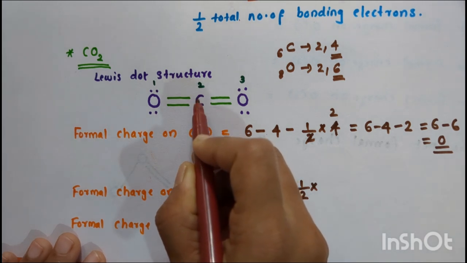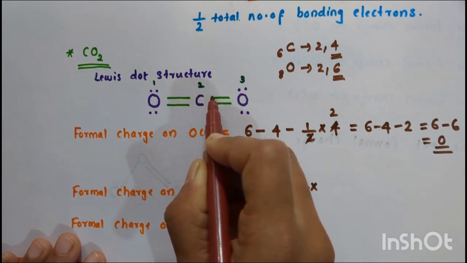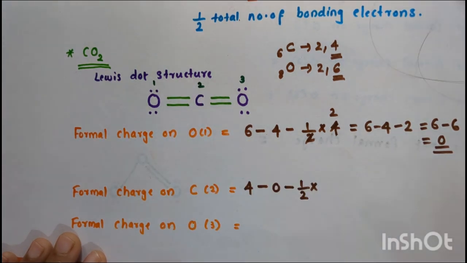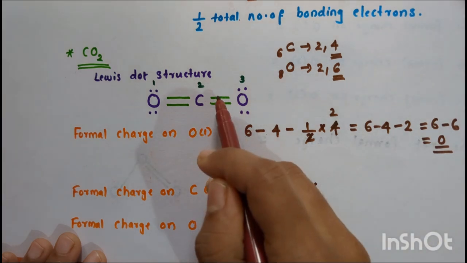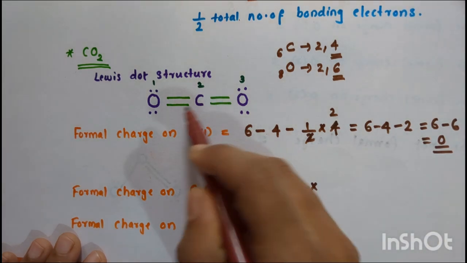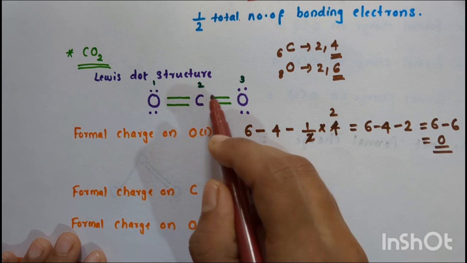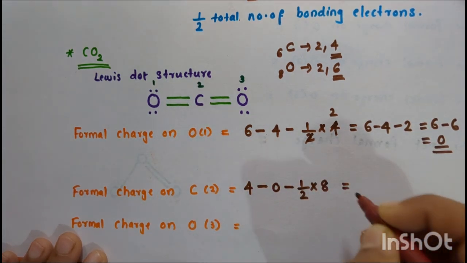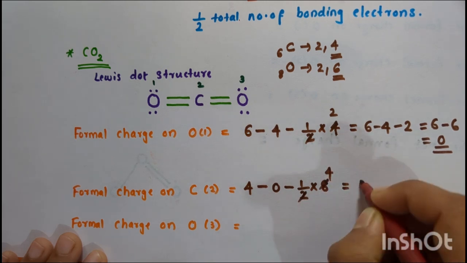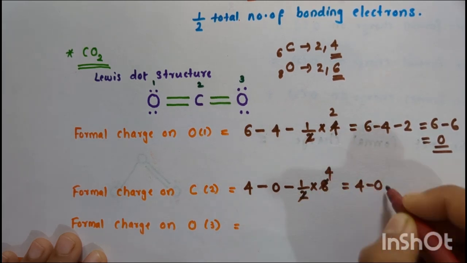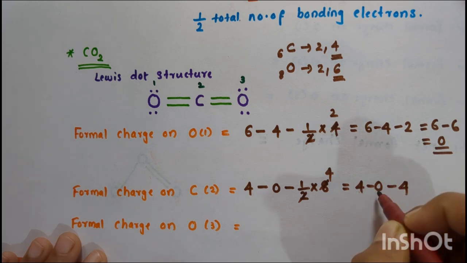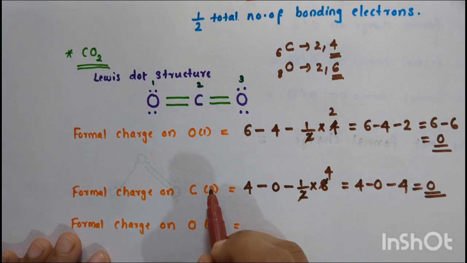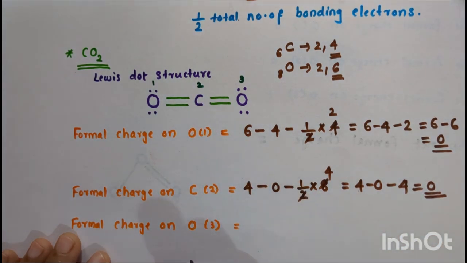Connected to this carbon there are double bonds on both sides, that means 4 bonds. One single bond corresponds to 2 shared electrons, so 4 into 2 is 8 shared electrons, and half of 8 is 4. So this is 4 minus 0 minus 4, which is 0. The formal charge on carbon atom 2 is 0.